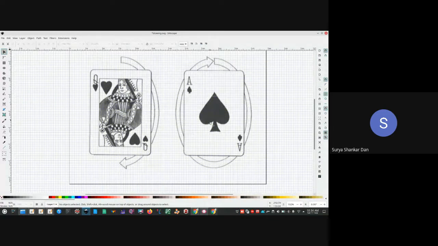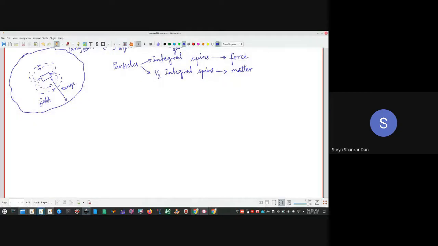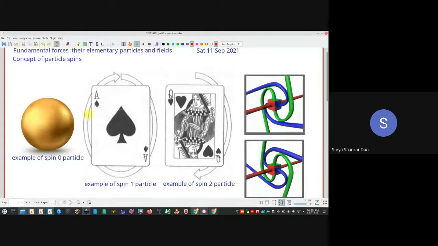Understood? So that's why it is called a spin one particle. This is the example of a spin one particle. Of course, this is the card. This is just an illustration that the original spin one particle, which is a photon, has to be rotated 360 degrees so that you can have the same observation.